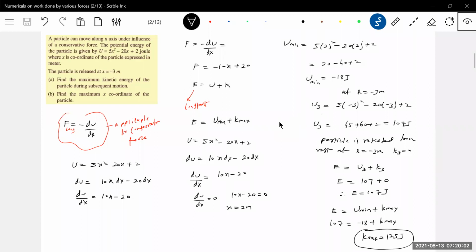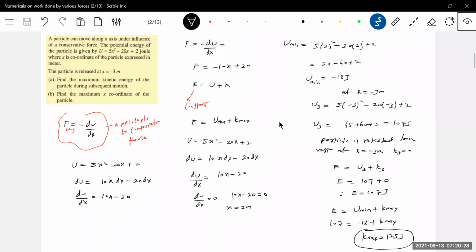Sir, the maximum x coordinate is also asked, sir. What to do for that? You have to calculate the displacement when its kinetic energy is 0, no?